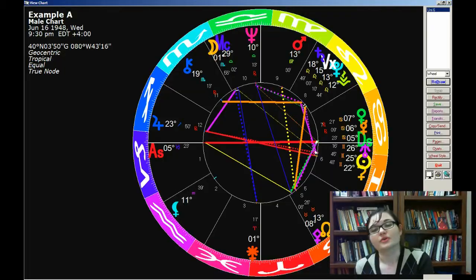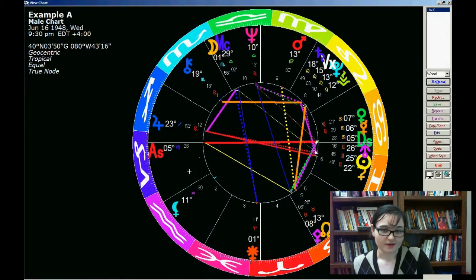For example, the second house cusp for this person lies in Aquarius. So in order to determine the second house ruler, we take the planetary ruler of Aquarius, which is Uranus, and that becomes the planetary ruler of this person's second house.